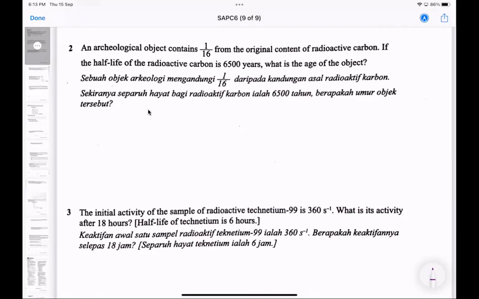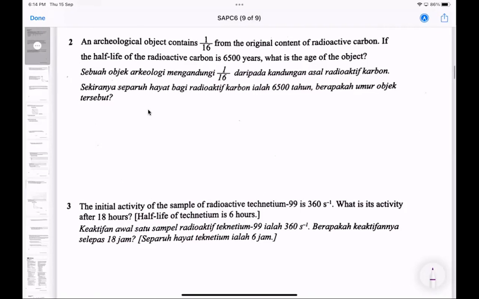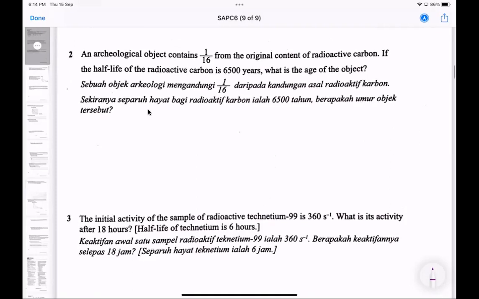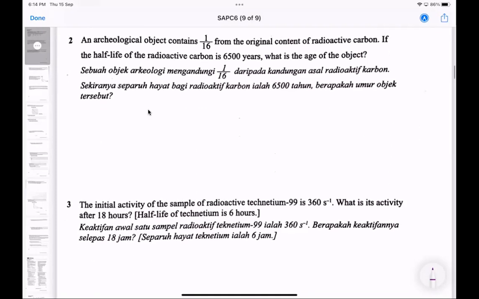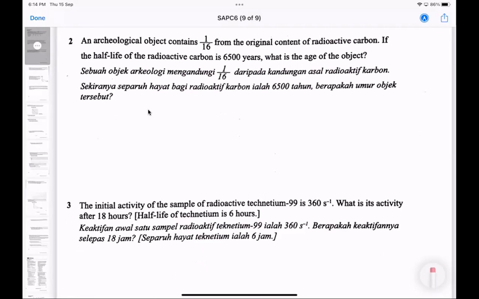The n equals 1/2. Yeah, that one, I can use it for number 3, right? Can. You can. Okay. It's up to you actually. You want to use formula, you want to use arrow. Arrow is very simple. You just divide half, divide half, divide half.